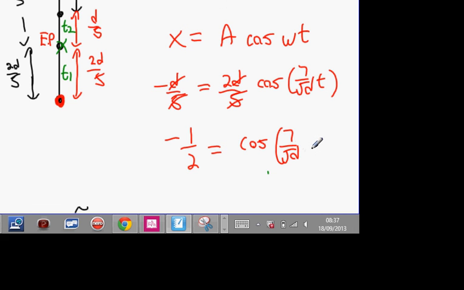Now, was it? 2 pi over 3. 2 pi over 3. Okay, 2 pi over 3. What's 2 pi over 3 in degrees? Remember, pi is 180, so just multiply 180 by it. So they took 120 degrees, didn't they? Is that right? 2 pi over 3 is 120 degrees.